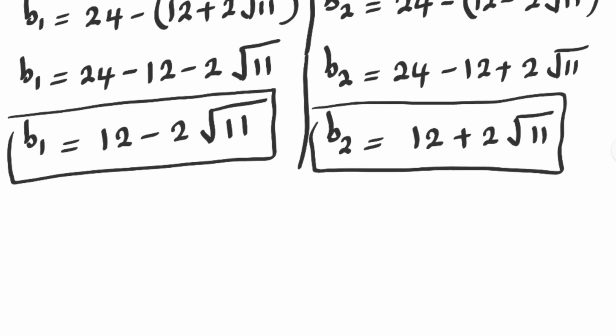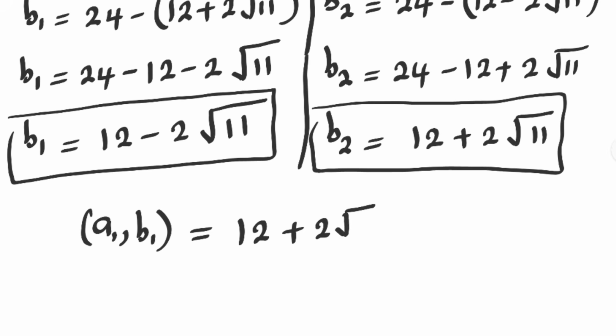Our final answer are A1, B1 is equal to 12 plus 2 root 11, 12 minus 2 root 11.